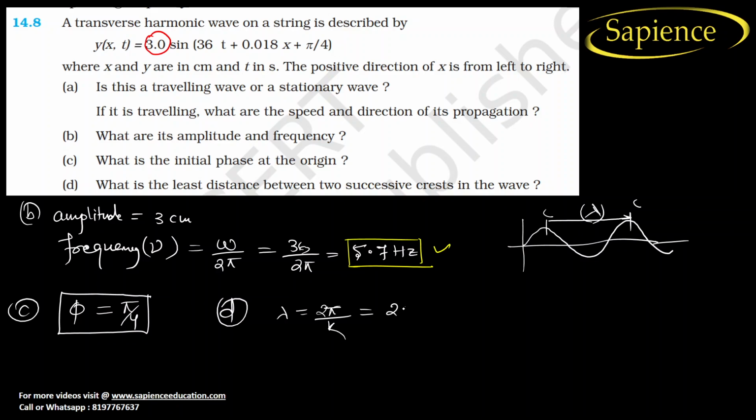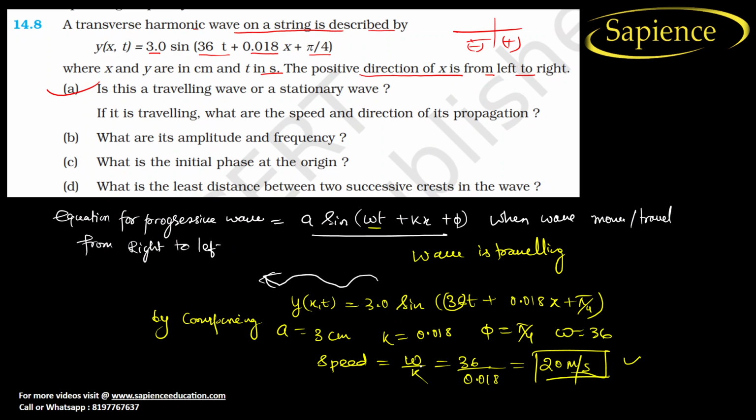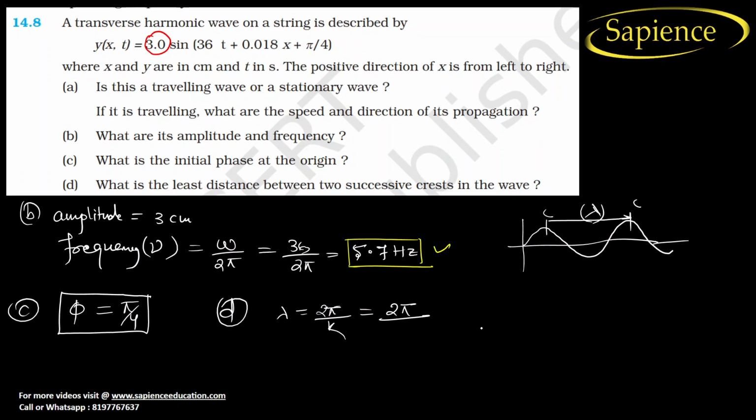We know 2 pi, but what is the value of k? We have already derived k as the wave number by comparing, which is 0.018. So finally, when we calculate it, we get lambda equal to 349 centimeter. This is the required result for this question. I hope you have understood this.